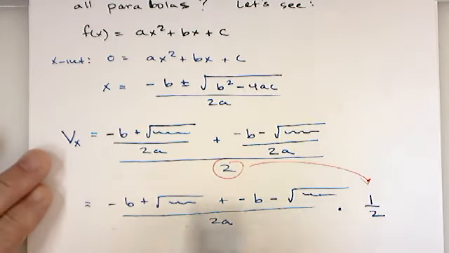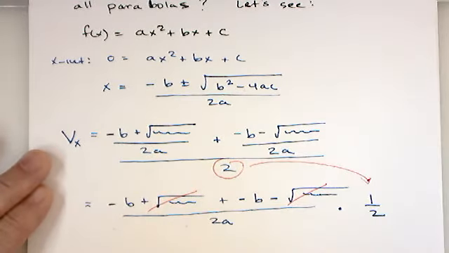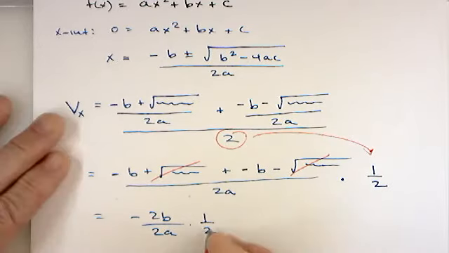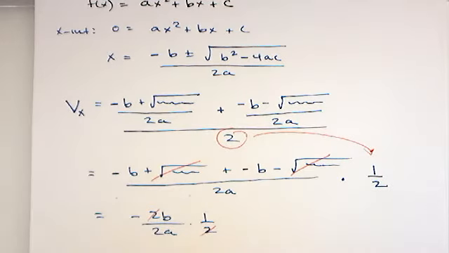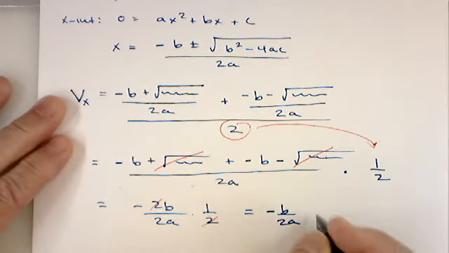Now you can see why I didn't bother writing what was under the square root, because I have a positive and negative that are going to cancel out. Negative b plus negative b gives me negative 2b on the top over 2a times 1/2. The 2's will cancel out, and I get negative b over 2a.